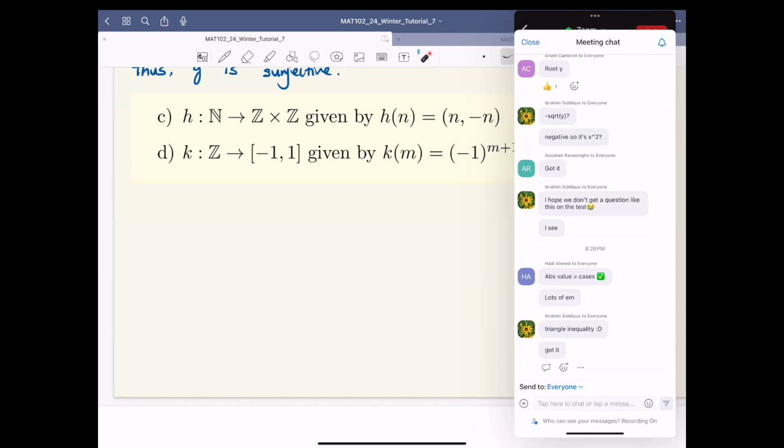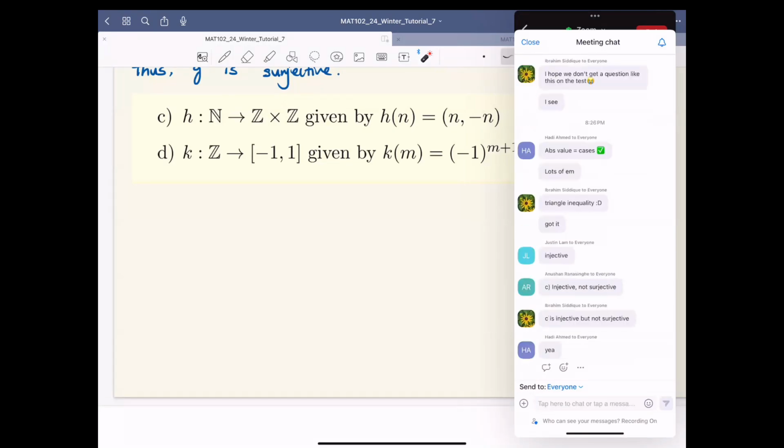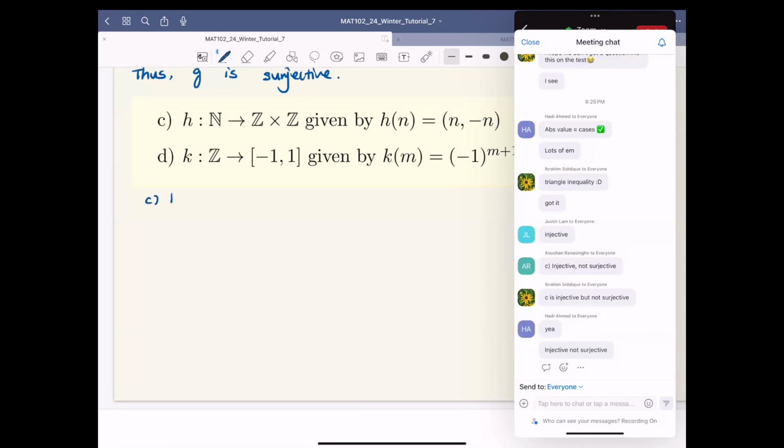What do you guys think of C? Is it injective? Okay, that's great. I think this one is a lot easier, isn't it? Personally, I think C is a lot easier than A and B. H is injective, that's correct. And it's not surjective, which we'll see in a moment.